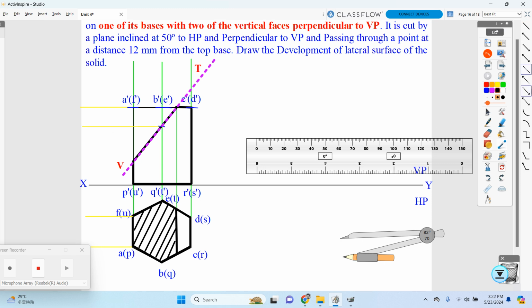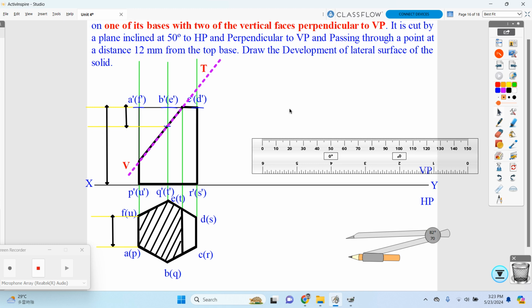Now we are going to represent our dimensions: the base dimension, the cutting plane dimension from the top surface, and the height of your prism.